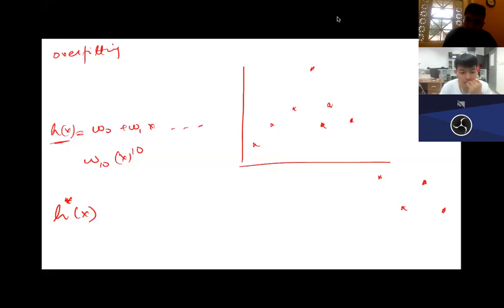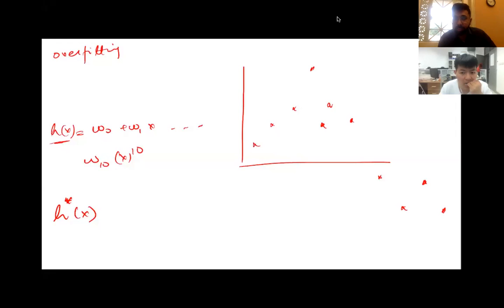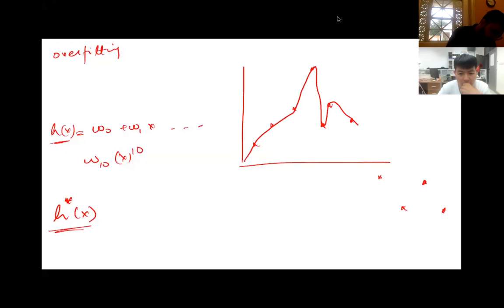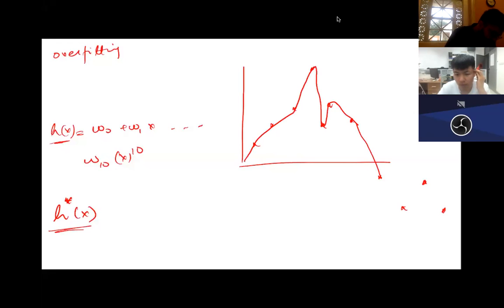Now here you have 11 points and 11 bases, and these bases are completely independent of each other. So how do we expect h of x to look? It will fit all points exactly, right? So you would have something like this. It has to be smooth because our bases are smooth, but it would go through all the points.